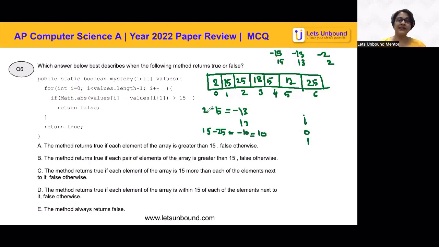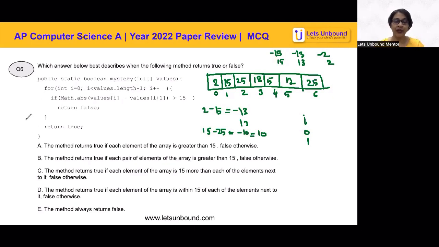Okay. So once again, is this 10 greater than 15? No. Hence, once again, this return false will be skipped. We will again go back here. Like this, we will calculate the difference between each of the adjacent values in the array. Okay.